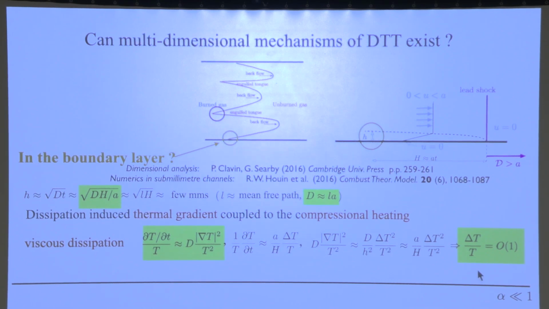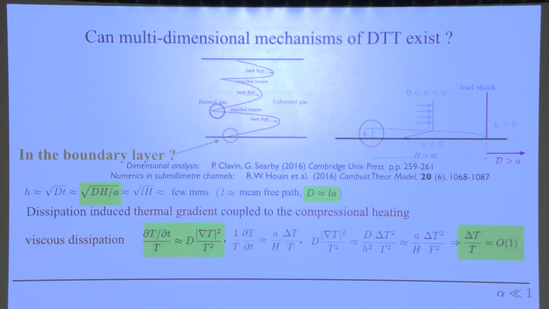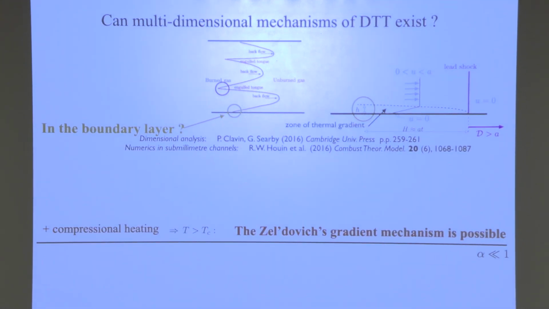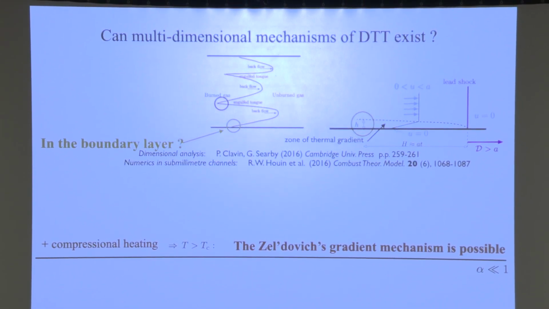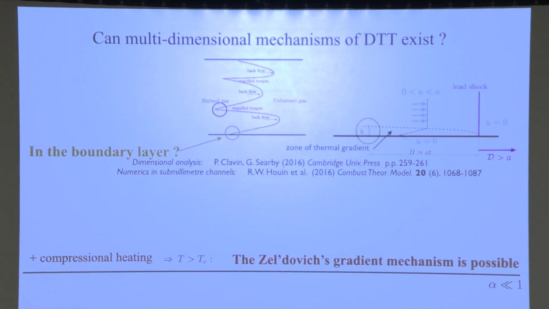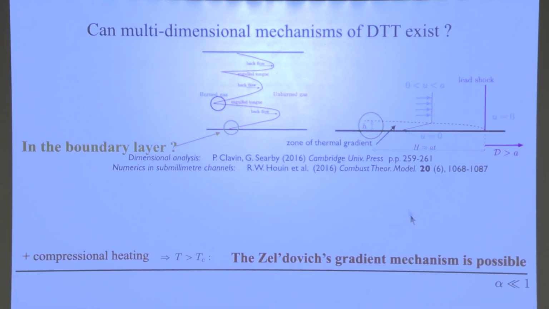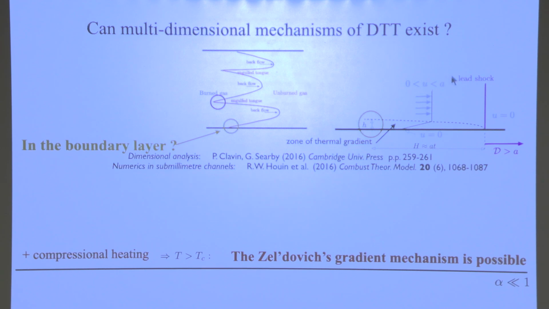But now, if you couple this increase with the compressional heating that I have described before, where the temperature is increasing because of the unsteady compression of the flow in the fresh mixture.